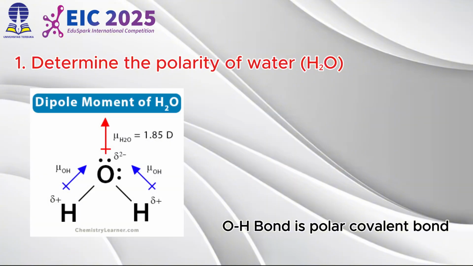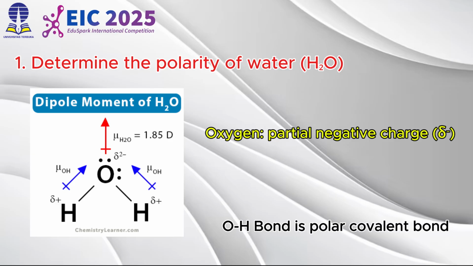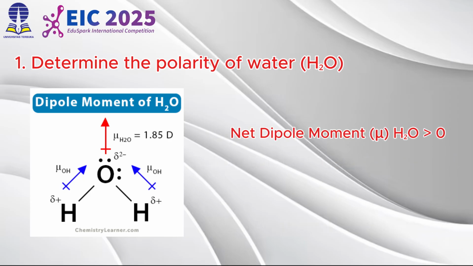Since there is a polar covalent bond, the oxygen will have a partial negative charge, while the hydrogen will have a partial positive charge, forming dipole moments. The net dipole moment of the molecule is greater than 0, which means water is a polar molecule.